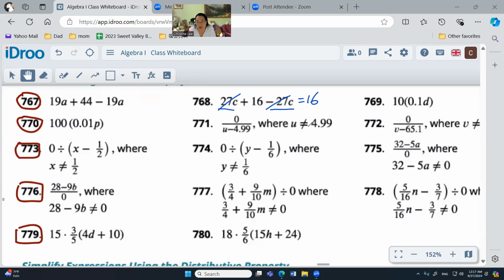Where U is not equal to 4.99, they are just saying the bottom one is not 0. So you have 0 over a number. So 0 over A, the whole thing is 0, because 0 on top. 0 on the bottom, the whole thing is undefined.